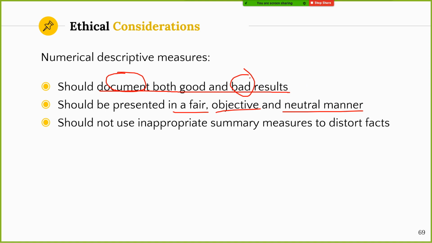You must search for the outliers. If you found outliers, then you need to calculate the z-score, so that you have the reason to take out the outliers. You should not use inappropriate summary measures to distort the facts. You should present the data as it is, because the data is the fact about the world.